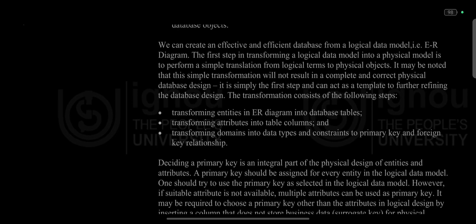It is simply the first step and can act as a template for further refining the database design. The transformation consists of the following steps: transforming entities in ER diagram into database tables, transforming attributes into table columns, and transforming domains into data types and constraints to primary key and foreign key relationship.